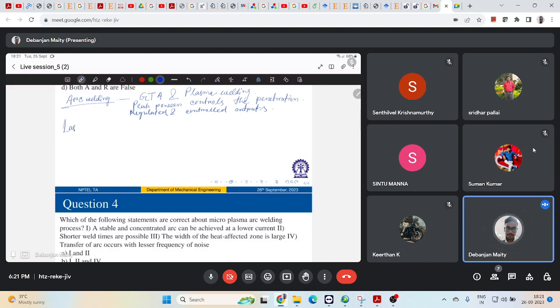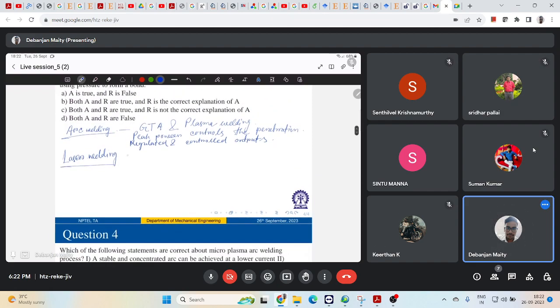These are some characteristics of the welding. In micro welding also, compared to arc welding, you have a less heat affected zone, more precise welding, and less distortion.